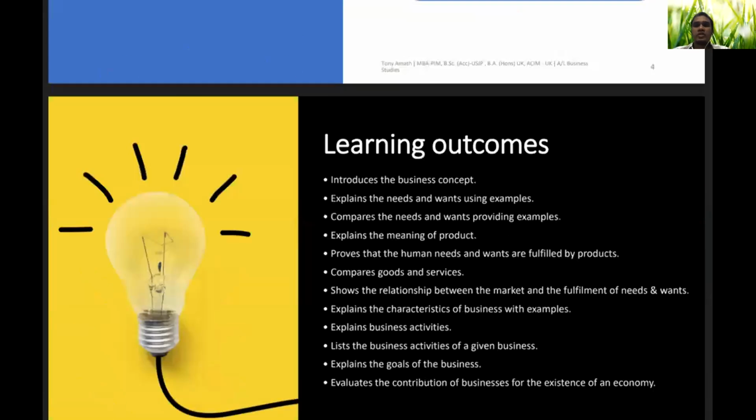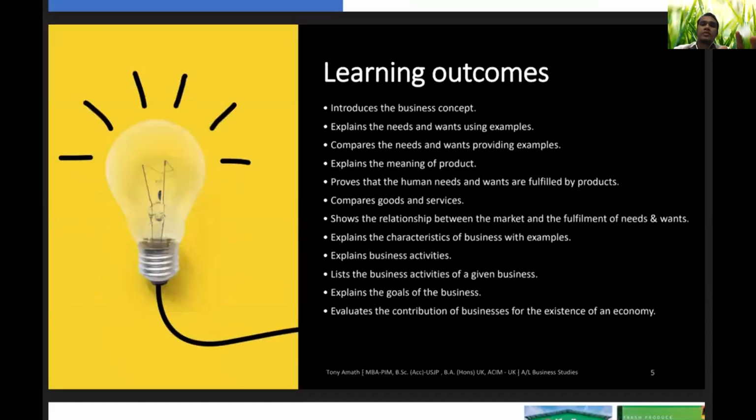Now, if you look at the first chapter, as you could see here, what are the learning outcomes in this chapter 1? Actually, I can complete this chapter 1 easily within a maximum of 2 hours, being very frank.